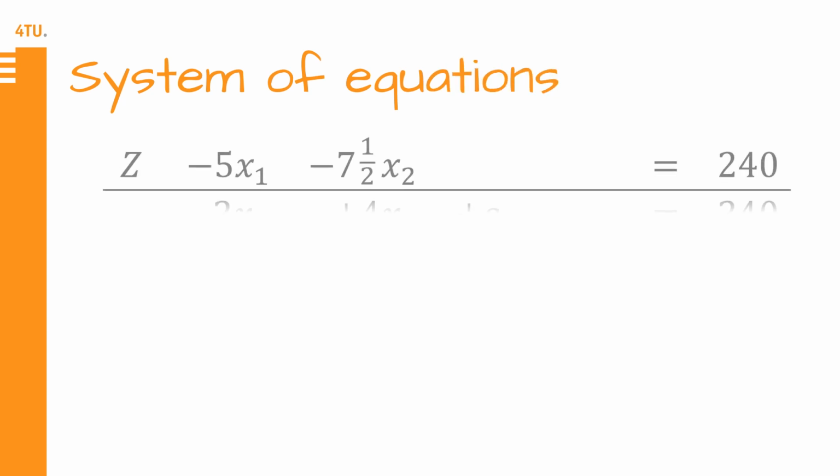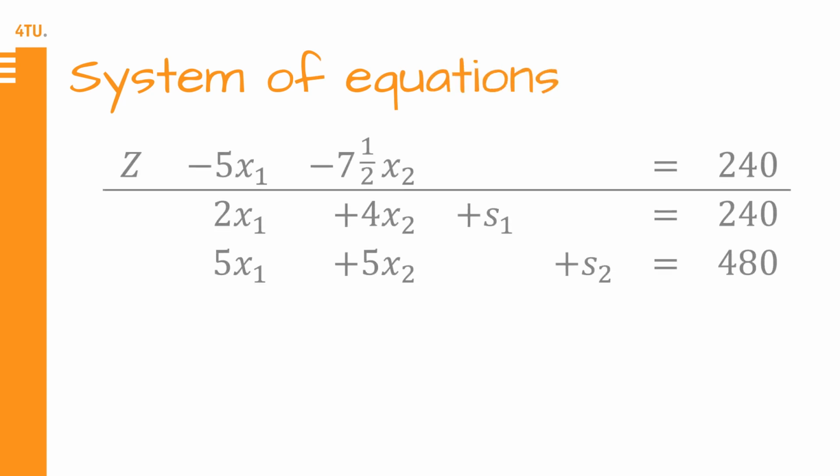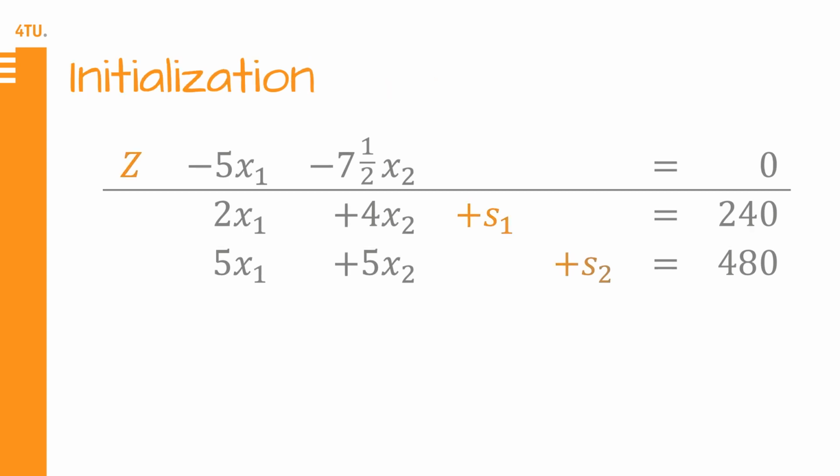The three constraints we have now can be represented as a system of equations. To determine the initial solution, we highlight the basic variables in orange. Because z plays the role of basic variable in the objective function equation, it is also depicted in orange.